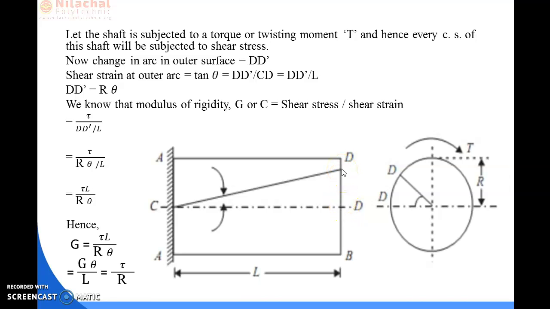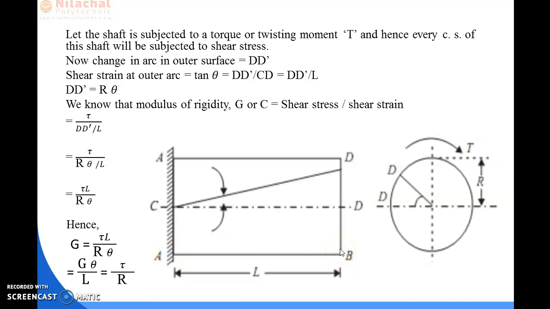Hence, the change in dimension is D D dash and the original dimension is CD. So we can put the shear strain value as D D dash divided by CD. And you can see the CD value is equal to the total length of the shaft, from here to here.